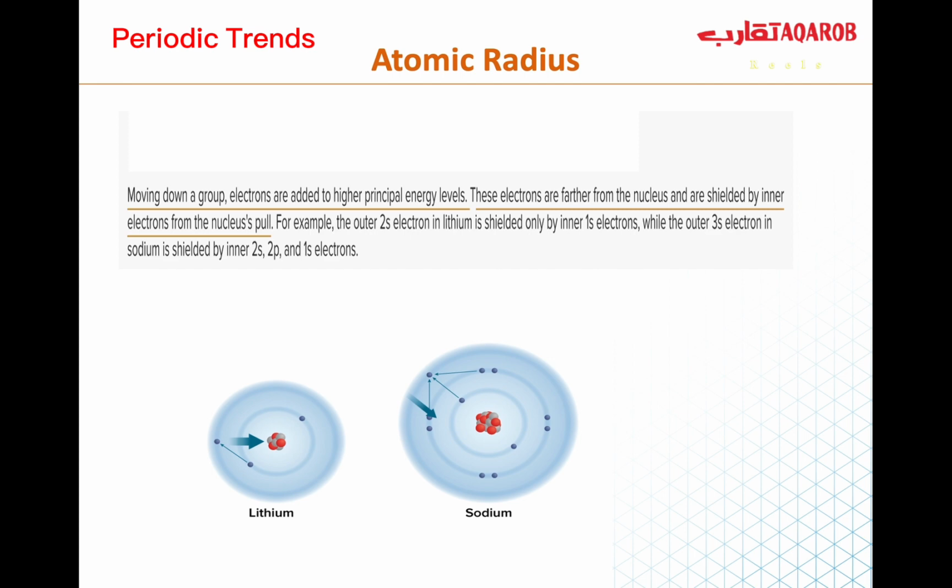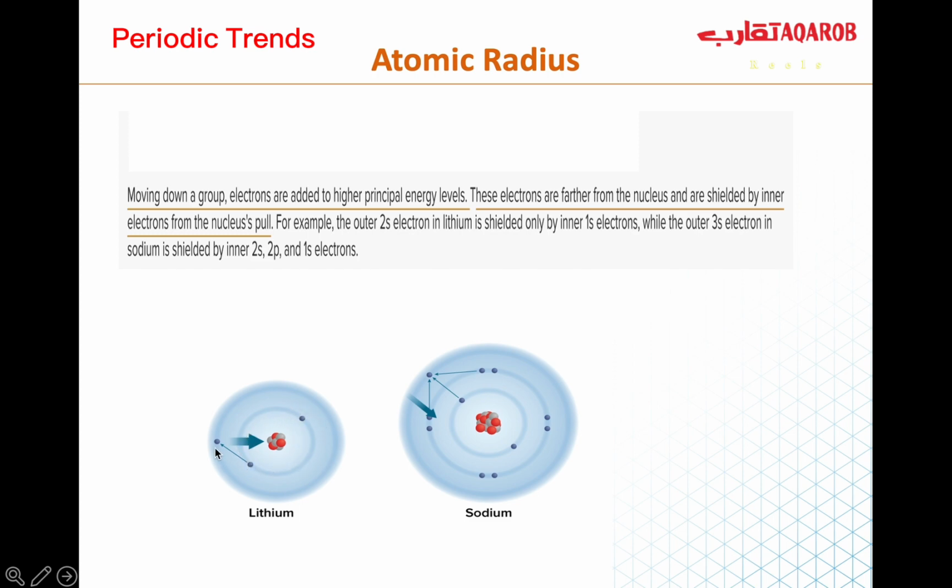For example, the outer 2s electron in lithium is shielded only by the inner 1s, while the outer 3s electron in sodium is shielded by the inner 2s, 2p and 1s electrons. As you see here, these are the inner electrons and this is the outer electron. So the outer 2s electron in lithium is shielded only by 1s, which has 2 electrons.